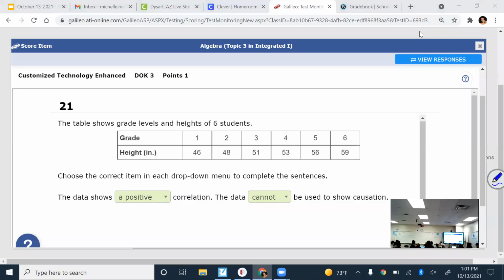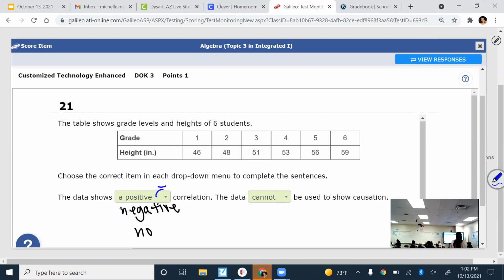So 21, the table shows grade levels and heights of 6 students. Choose the correct item in each drop-down menu to complete the sentences. So the data shows a blank correlation. Your options were positive, negative, or no correlation. So we'll start with positive.